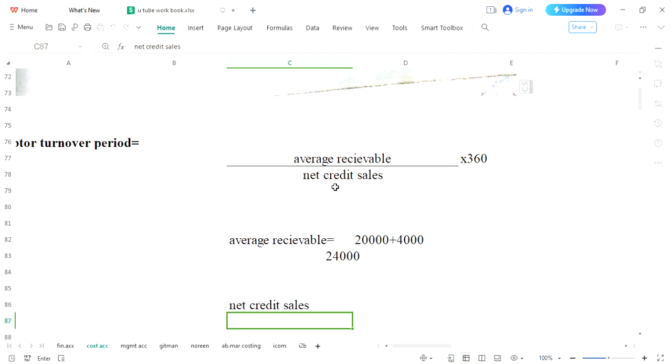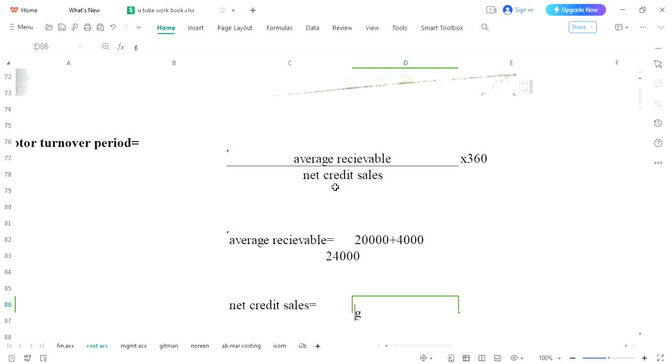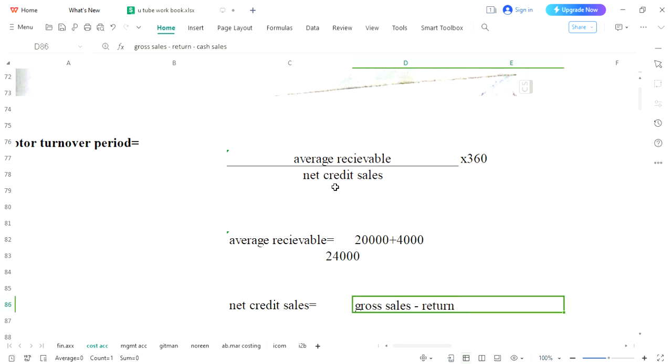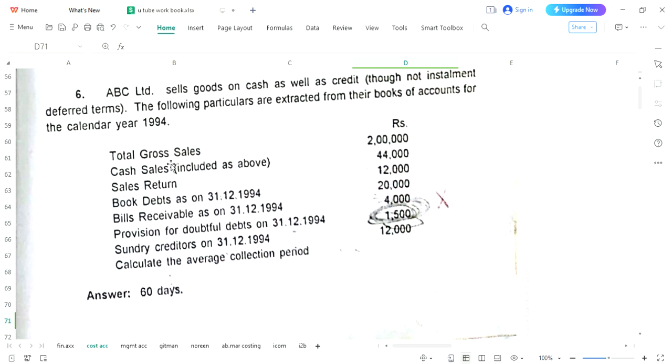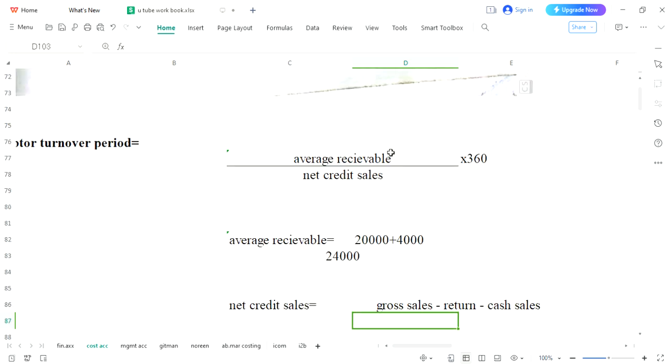And how do you calculate your net credit sales? For that you need gross sales, then you will subtract any sort of return, and then you need to subtract cash sales. Alright, this would be our formula for net credit sales. Let's see what elements are given in our question. Yes, gross sale is given, 2 lakh.